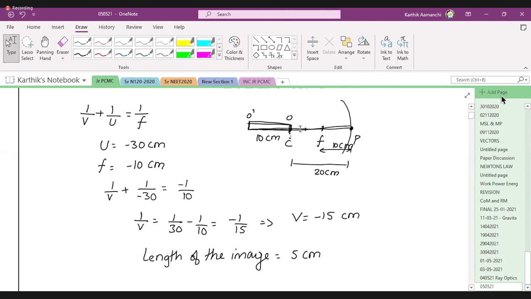We still have to do velocity of images in spherical mirrors also. Spherical mirror moving forward and backward, object moving forward and backward. Then we just differentiate this equation.